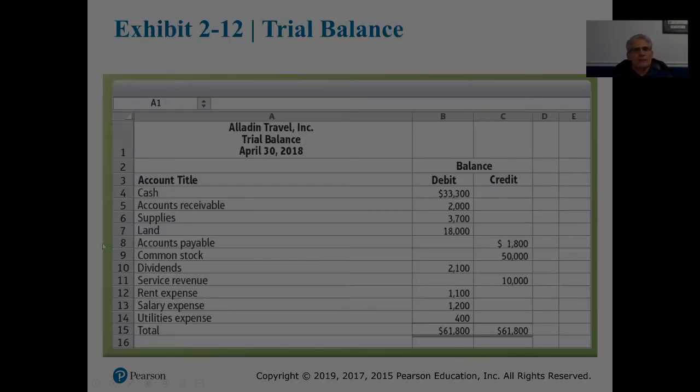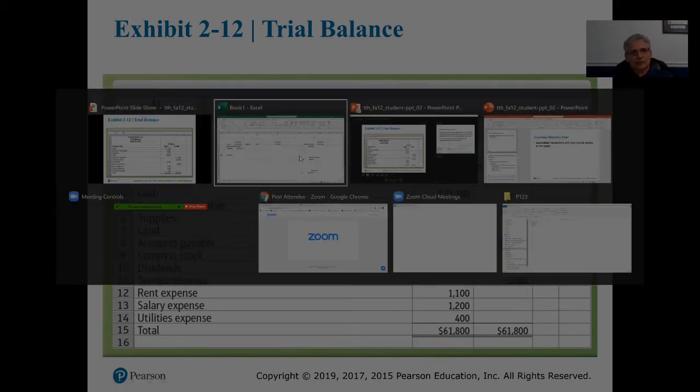So the trial balance example that we have here, Aladdin Travel Incorporated, trial balance, April 30th, 2018. So this is after the end of all those transactions. Now we're just going to look at those balances. And I'll remind you, so let's pull it up.